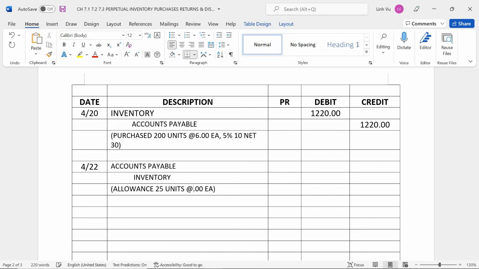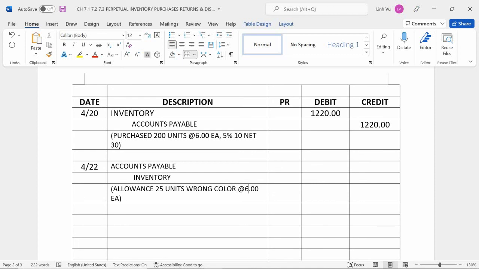And they cost me $6 each. Okay. You could put wrong color at $6 each for a 20% discount.